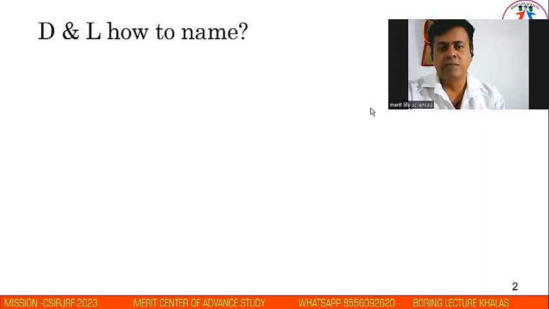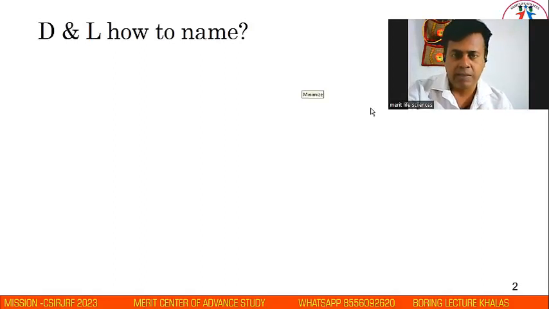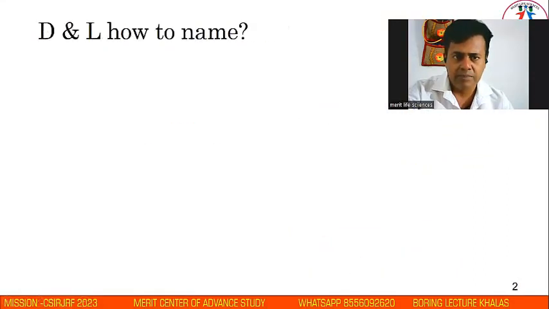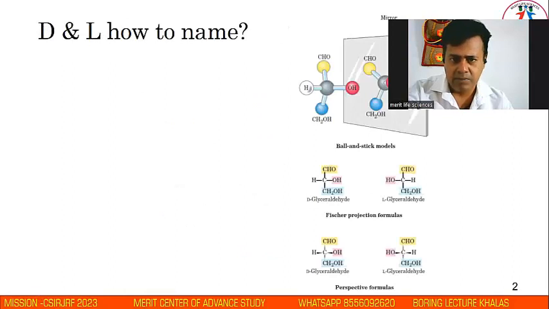Okay. So we are starting with this kind of glycosidic bond formation. Earlier, I am going to give you a recap. How to name the D and L sugar? The D and L sugar is named by the orientation, right? I taught that only. You can see from this ball-and-stick model, Fisher projection formula, or perspective formula, the orientation of the hydroxyl group toward the right or left.